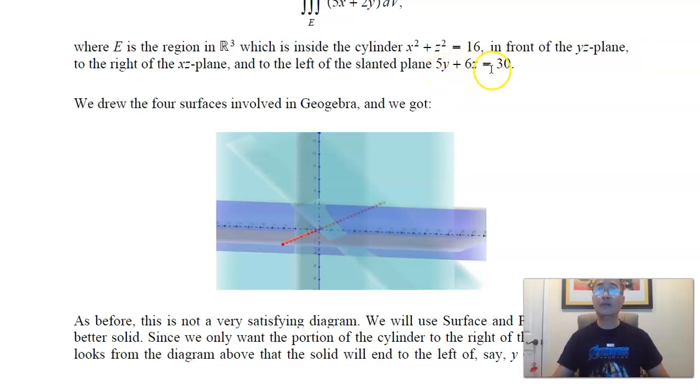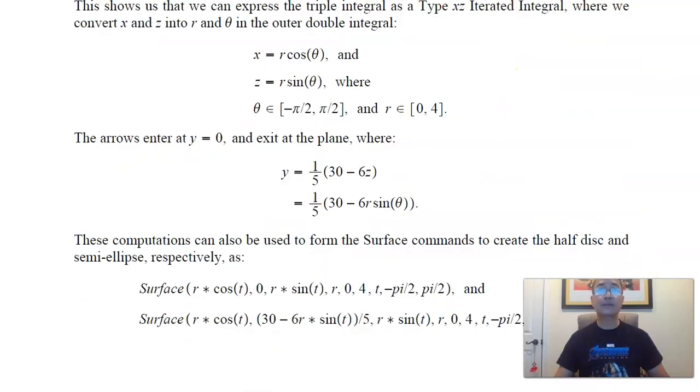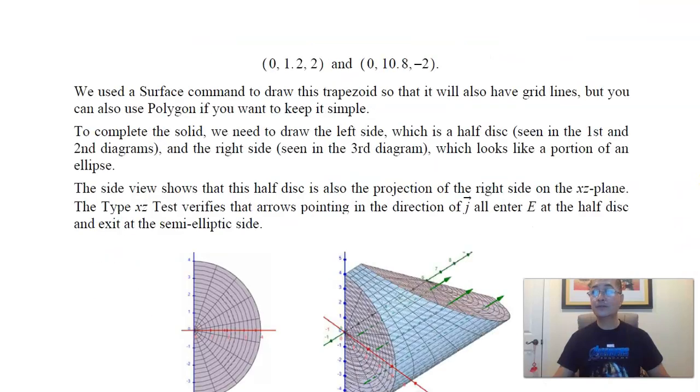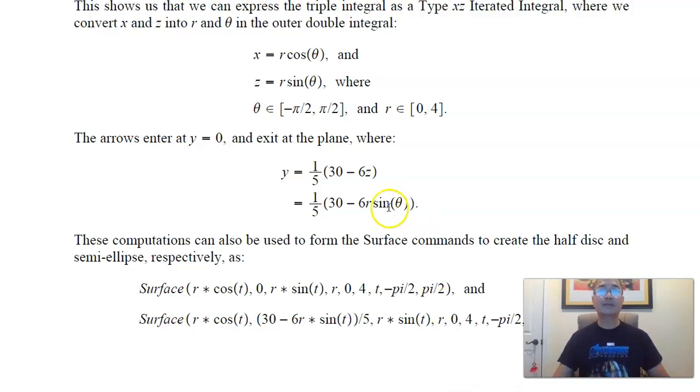So y equals 30 minus 6z over 5. Whoops, I think I went too far, a bridge too far, and there we go, my apologies. So y is 30 minus 6z over 5, so as usual, convert z into polar coordinates. z is where we assigned our sine theta.